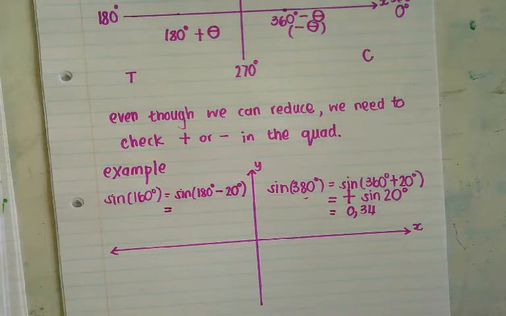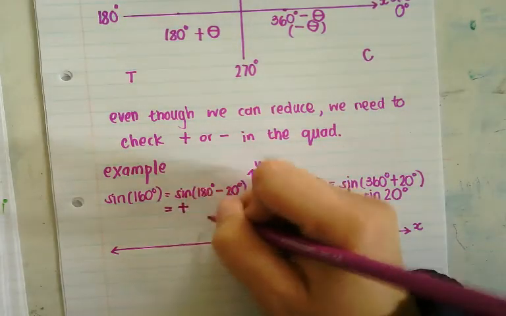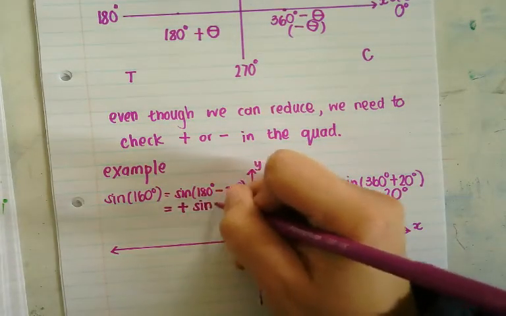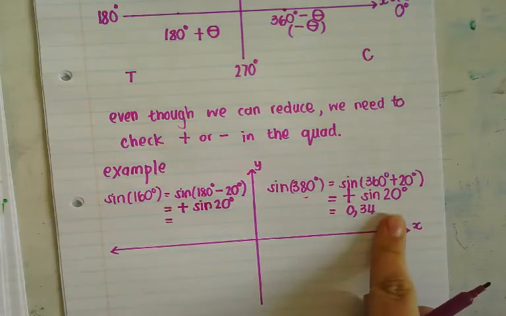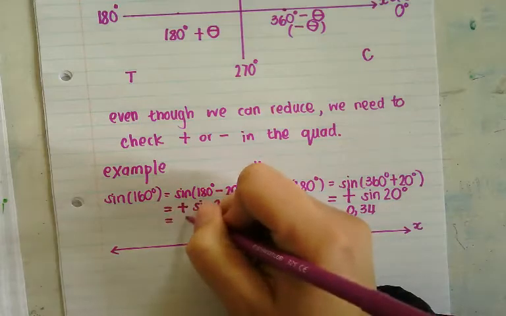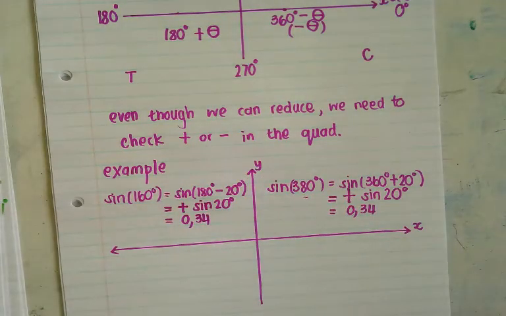Is it positive or negative in the second quadrant? Check your CAST diagram. It's positive. What is positive sine 20? Well, we already calculated it, didn't we? It will be exactly the same, because of that repetitive nature of the graph. That is what causes it to be the same.